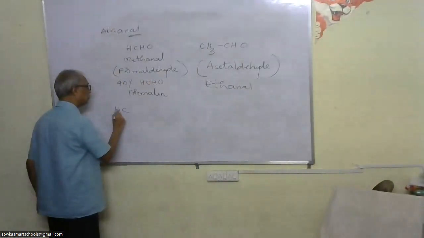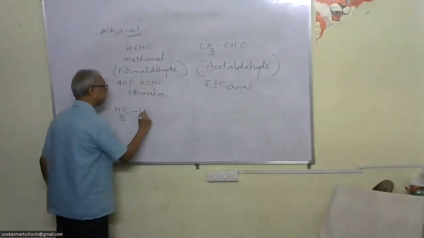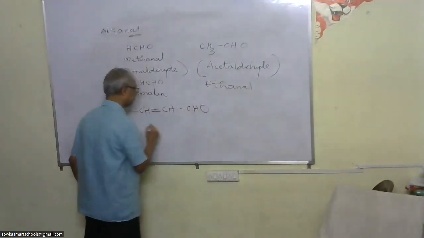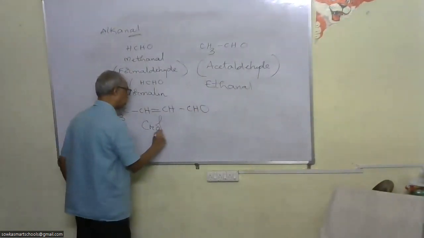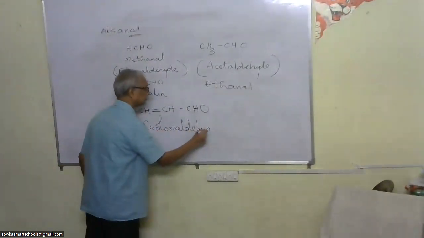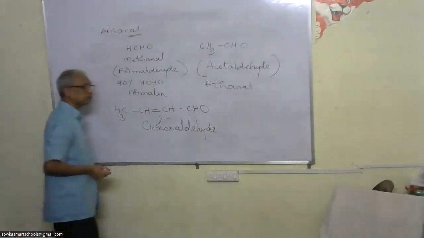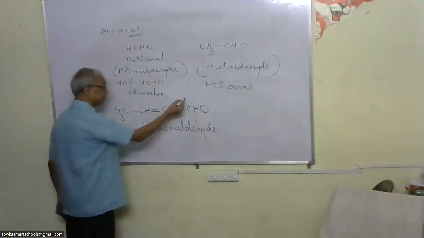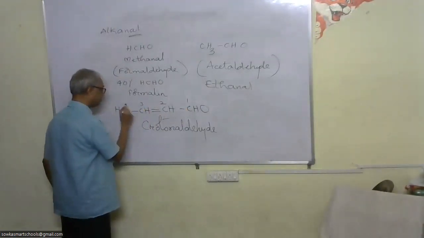Similarly, I will give you some more. CH3, CH, double bond, CH, CHO. This is crotonaldehyde. That is the common name. And if you want to write the IUPAC name, you just give numbering 1, 2, 3, 4.